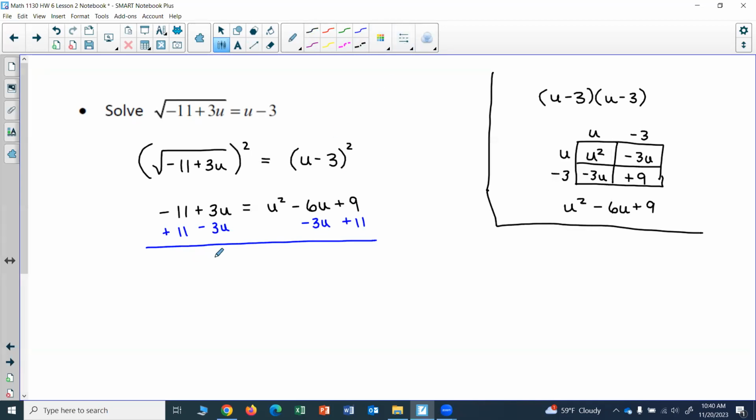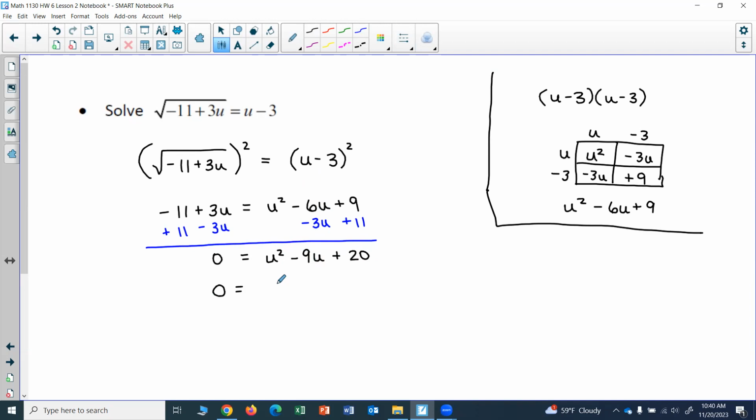So what I have now is on the left side of my equals sign, I have 0. And on the right side of my equals sign, I have u squared. Combine your like terms, and we get minus 9u and plus 20. So you can either use quadratic formula or factoring at this point.